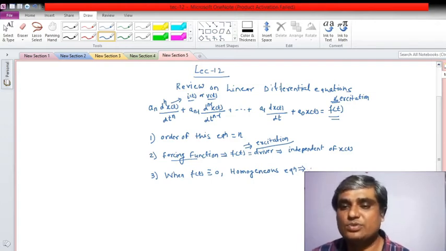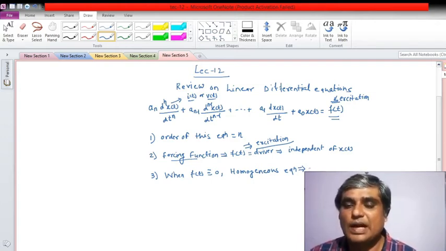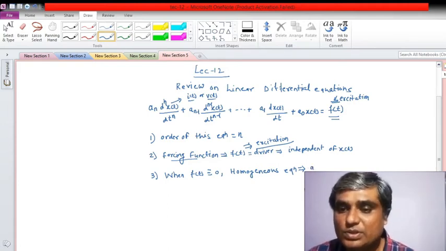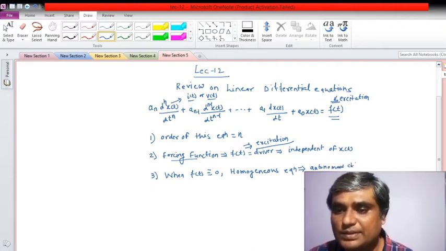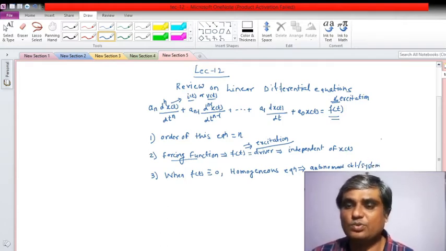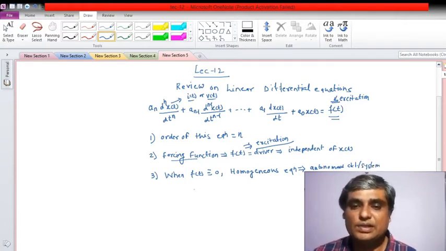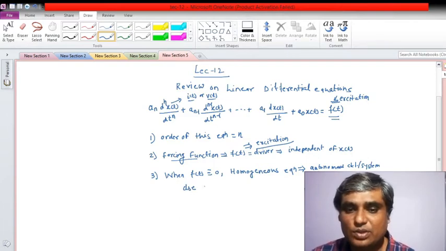In terms of circuits or systems, a homogeneous equation is where I don't need any input. That is called an autonomous network, circuit or system, where I don't need the excitation. Else that equation is called a non-homogeneous equation.